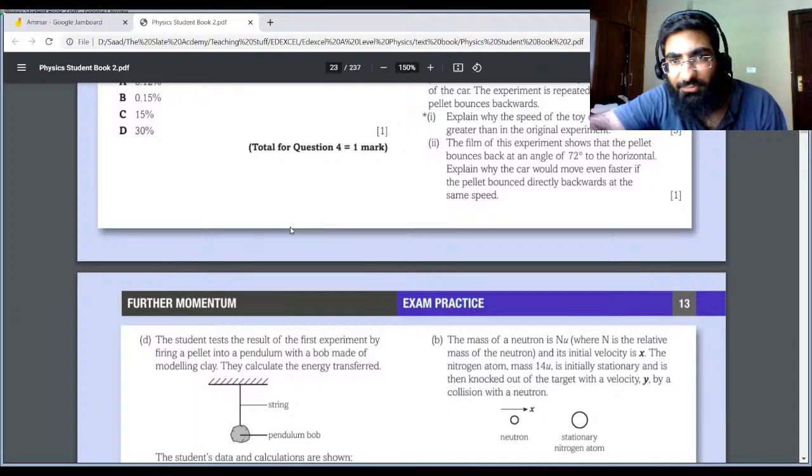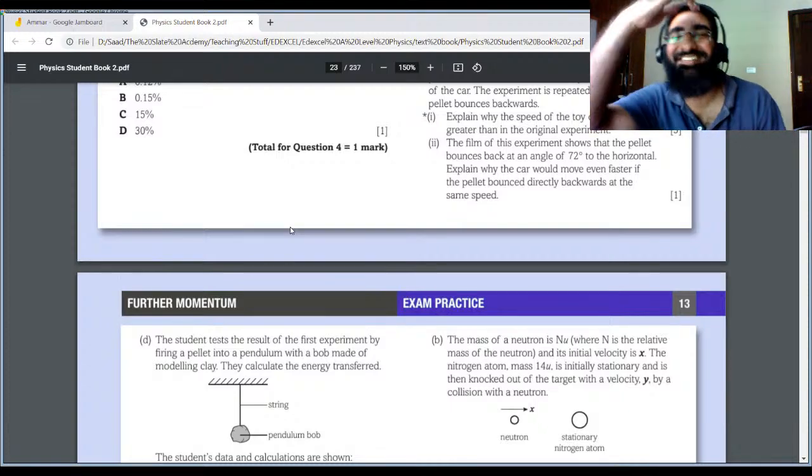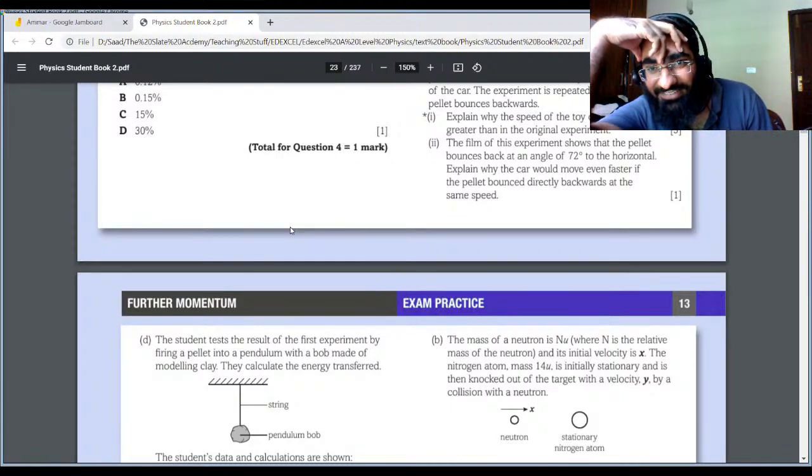The experiment: the pellet bounces back at an angle of 72 degrees to the horizontal. Explain why the car would move even faster if the pellet goes back at the same speed.